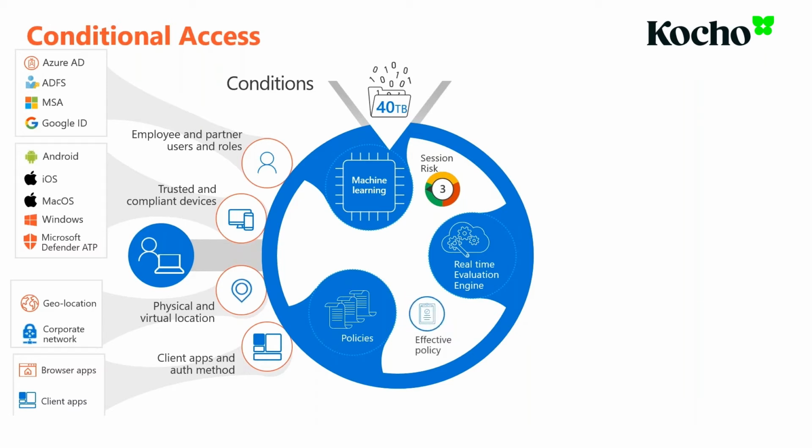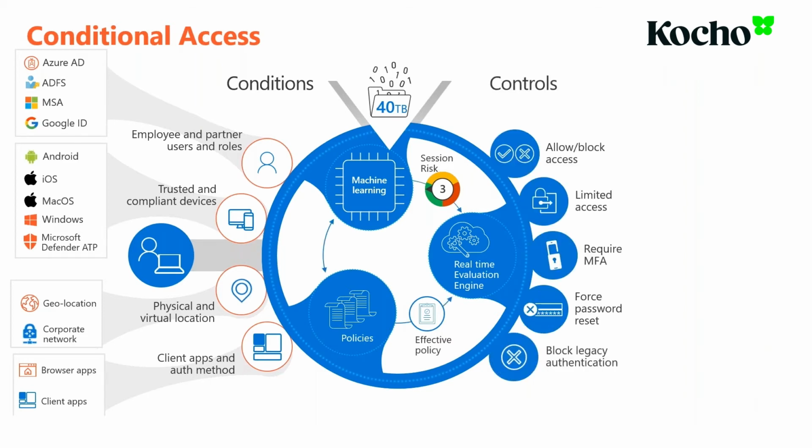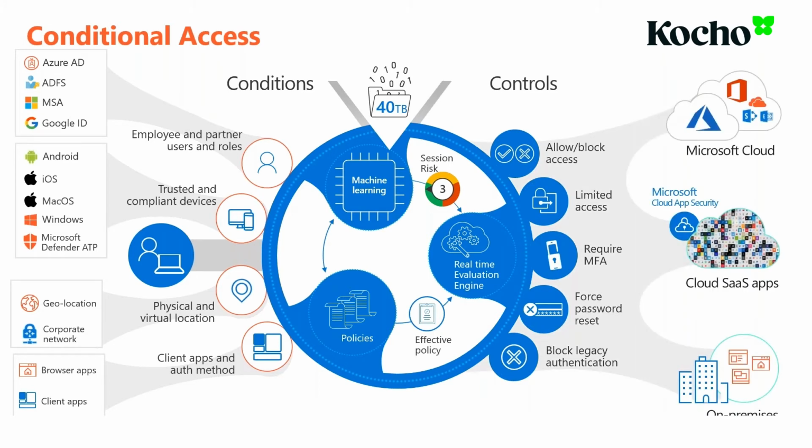A lot of data is analyzed by Microsoft to understand the threat level posed by the user in the session, and you can make use of this and then make a decision based on that to allow access, allow limited access, for example, require MFA, and so on. So this is a way of, as we said before, securing your resources and also looking after those identities, making sure that identity theft isn't a problem for your corporate and your guest users.